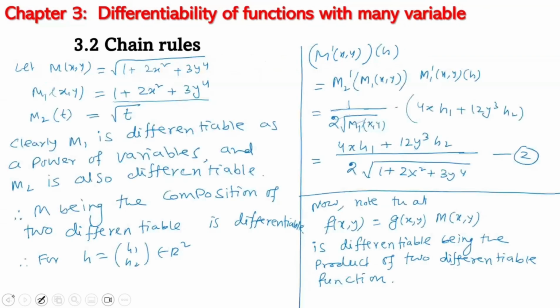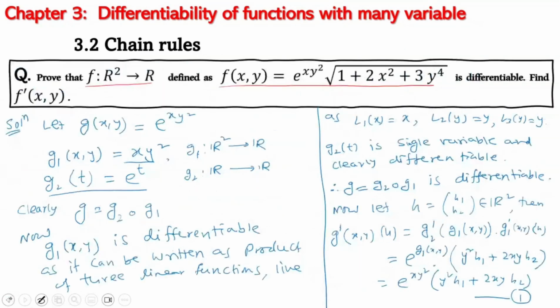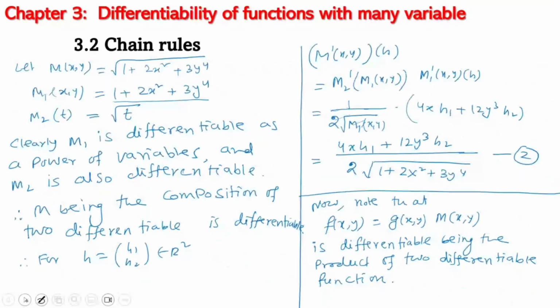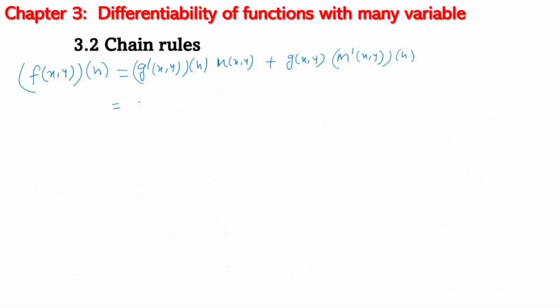in the first equation, is e to the power x y square times (y square h1 plus 2xy h2), and then we write m.